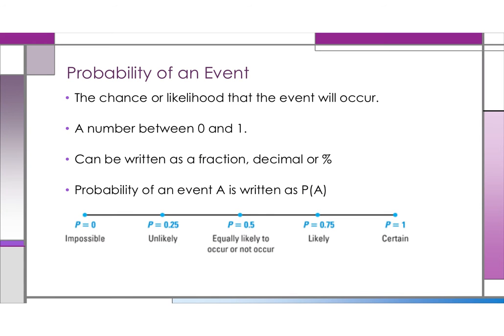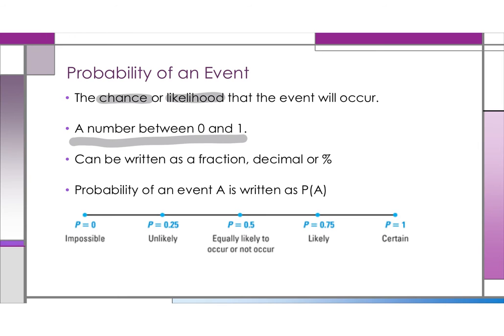The probability of an event, okay? We already talked a little bit about probability. It's the chance or likelihood that an event will occur, okay? It's always a number between 0 and 1. And those can be written as fractions, decimals, or a percentage. The probability of an event A is written as P, and then in parentheses, you put capital A, okay?